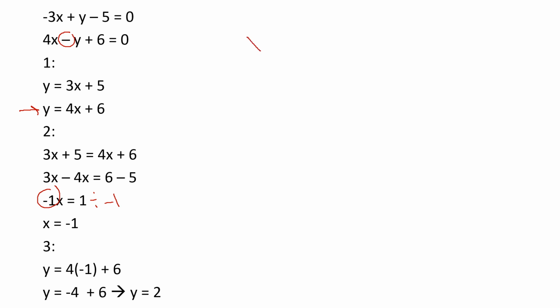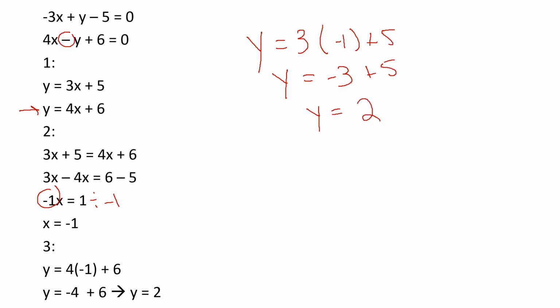However, had I solved it by my top, I would have ended up with the exact same thing. So it doesn't matter which one you use. And then my answer has to be in the coordinate, so it's x, which is -1, and y, which is 2. So there is my answer.